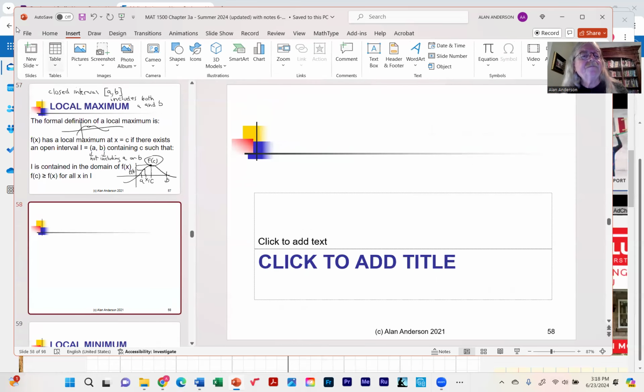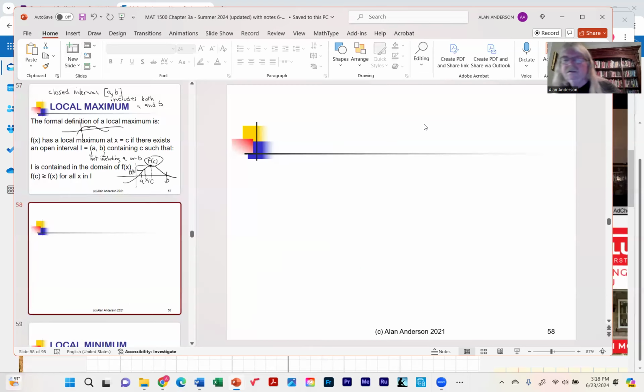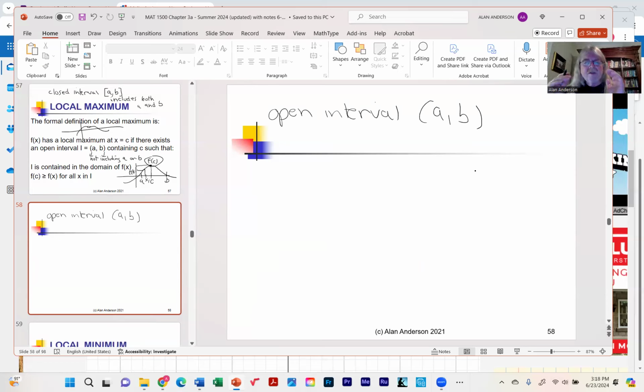When you have intervals like this, remember the round parentheses mean it does not include the a or the b.